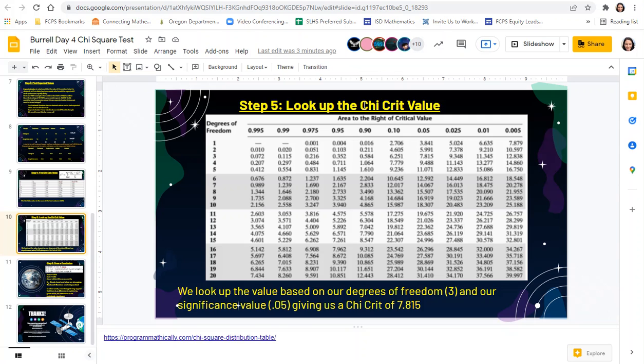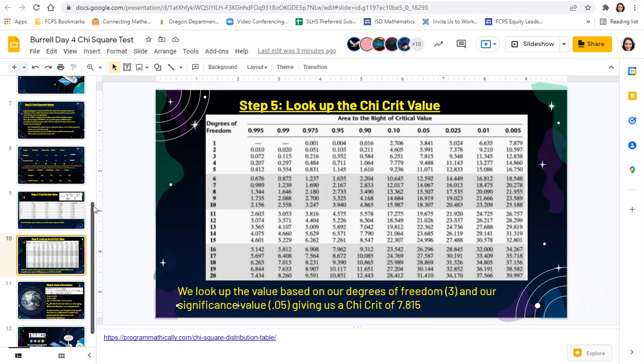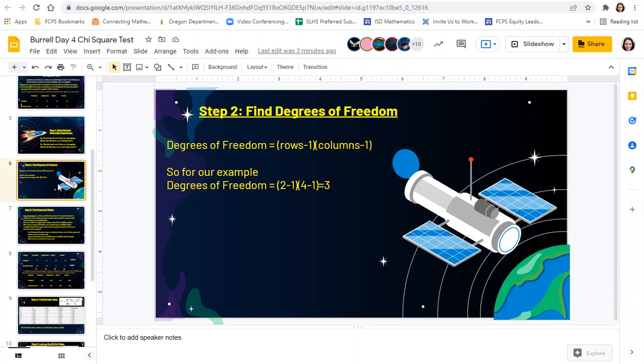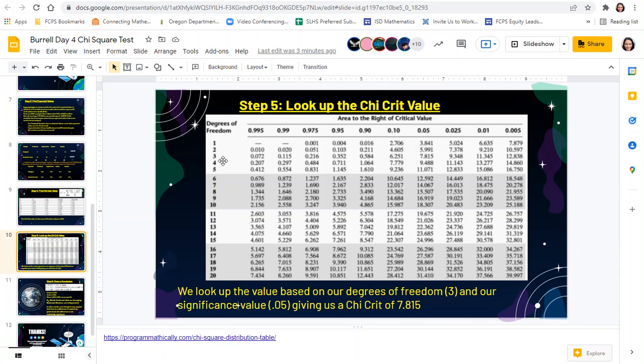All right, so we're going to look up the critical value now. This is a table that we use. You can see the degrees of freedom are on the left. I actually forgot, we did find our degree of freedom though. It was here. We found it was 3. So we're going to be looking at degree of freedom 3.